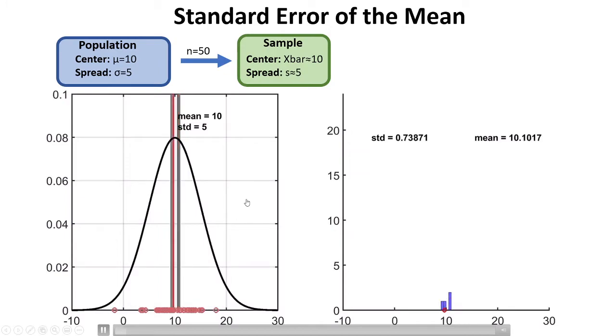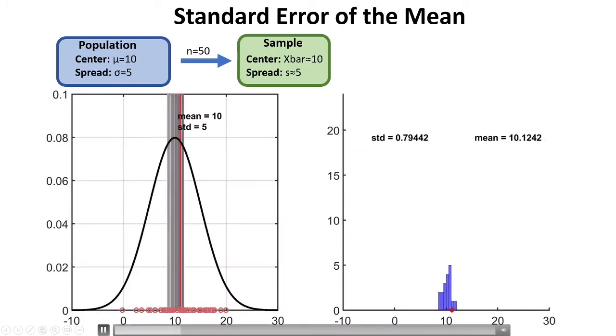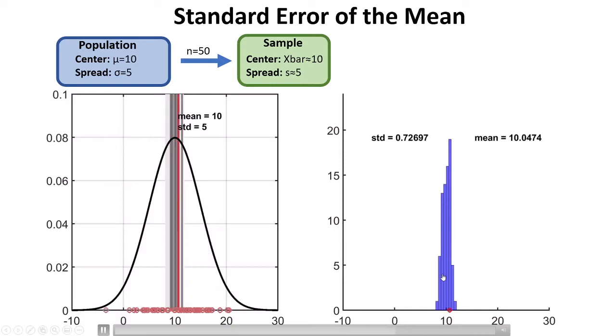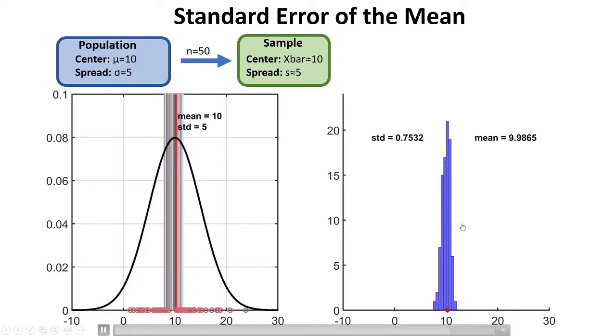And the way that we can describe that phenomenon is by taking many different samples, each time recording their mean, and then it generates this distribution over here on the right, which is the sampling distribution, right?